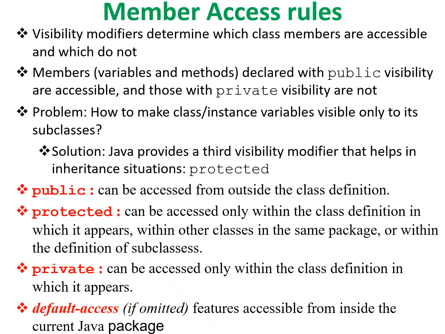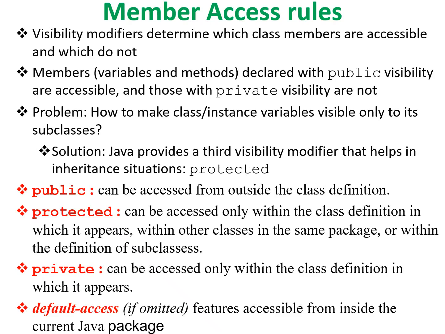Access modifiers control how classes can be used. Public can be accessed from outside of a class definition. Protected can be accessed within the class definition in which it appears, within other classes in the same package, or within subclasses in different packages.